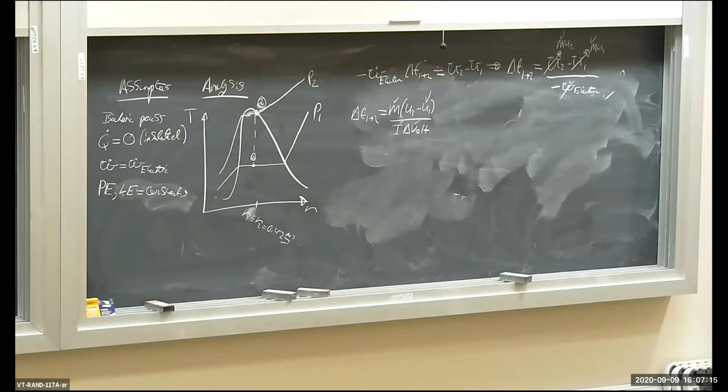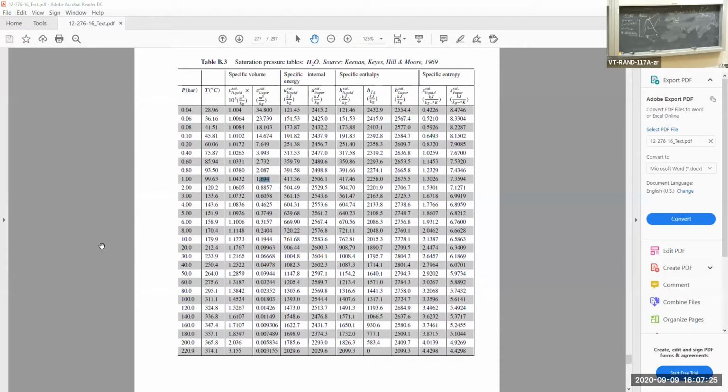All right, let's go back here. Let's see if we can find for the saturated vapor a specific volume of about 0.42. Might have to do a little interpolation here. I see a 0.46 and I see a 0.37, so you're going to need to interpolate between these 2 points.